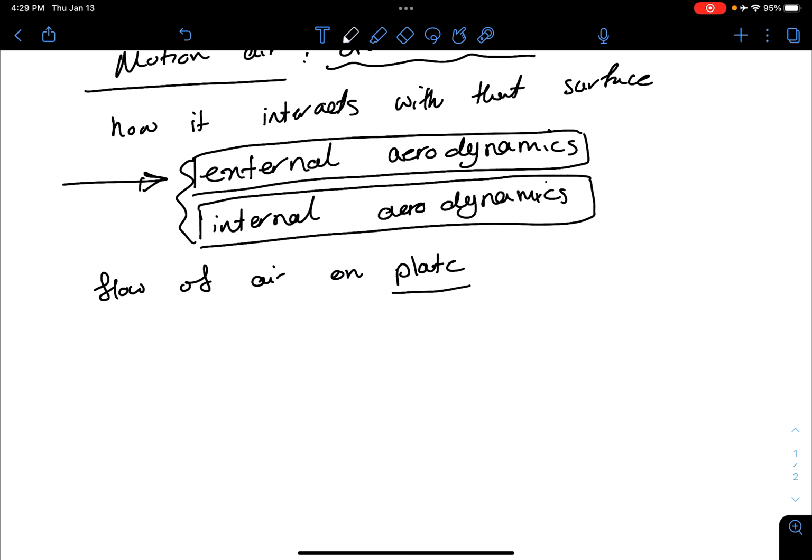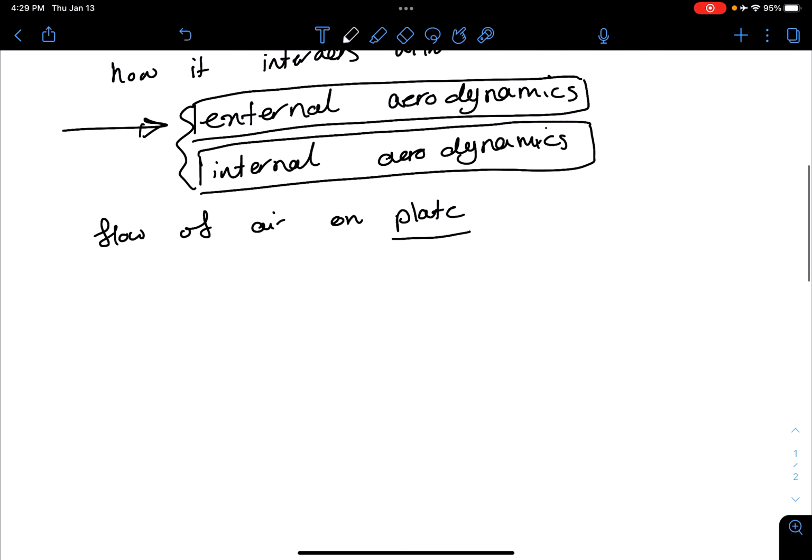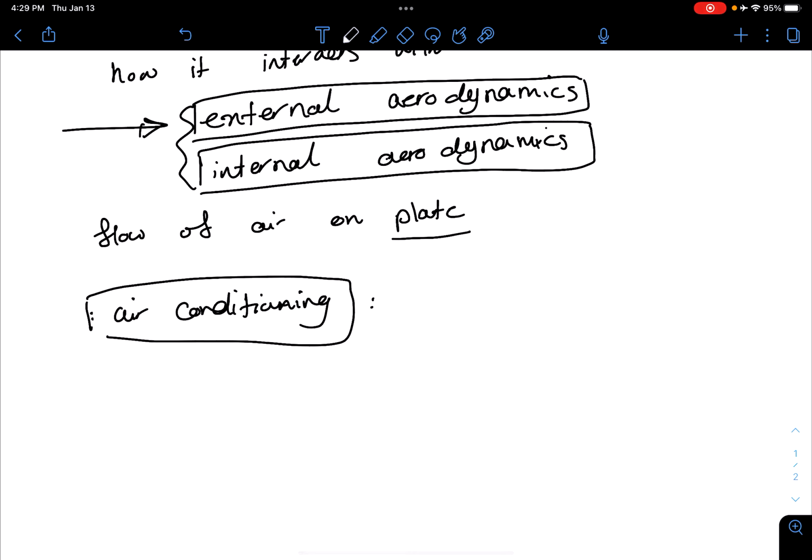Can any of you give me an example of internal aerodynamics? Yes. Air conditioning. So literally flow of air in ducts, right? That is a correct example. What else? Jet engines, exactly.